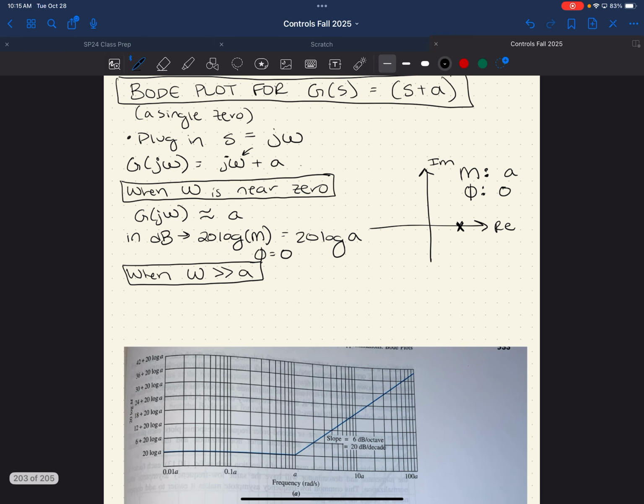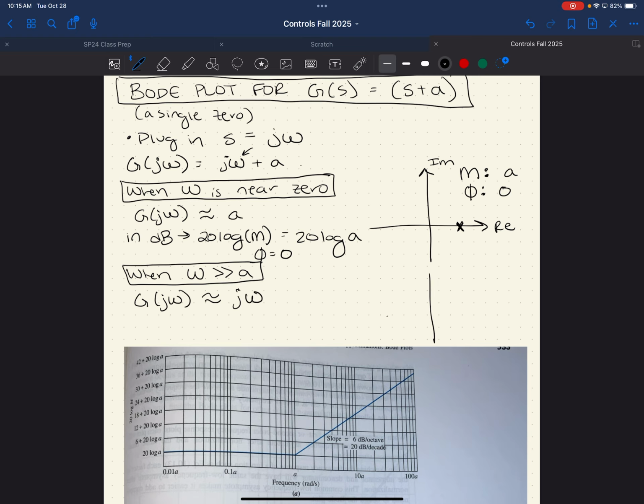Okay, let's look at what happens when omega gets very, very large. If omega is much, much, much larger than a, then a becomes basically insignificant compared to the omega term. So for g of j omega, where omega is much, much larger than a, g is basically just the j omega term.